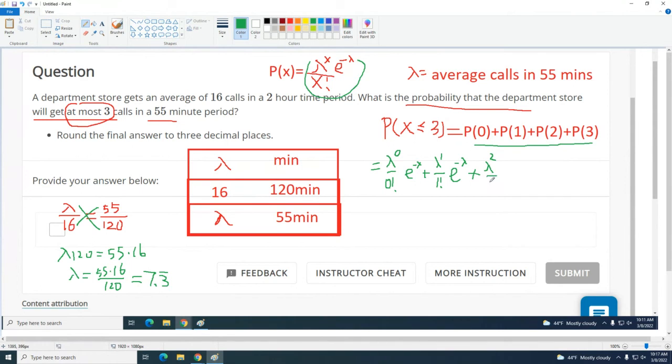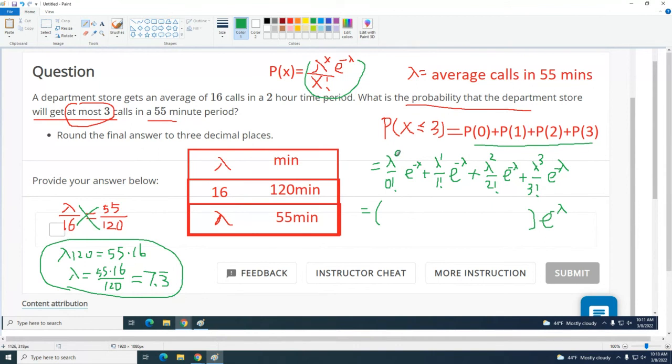Lambda to the power 2 over 2 factorial, and e to the negative lambda. You can see they have a common factor. That's why I'm trying to present it. I didn't copy in the lambda value because it's better to leave it to the last step. Lambda to the power 3 over 3 factorial, e to the negative lambda. So we realize that every single one of these calculations involves e to the negative lambda. So we're going to group those together, and move the e to the negative lambda to the outside.